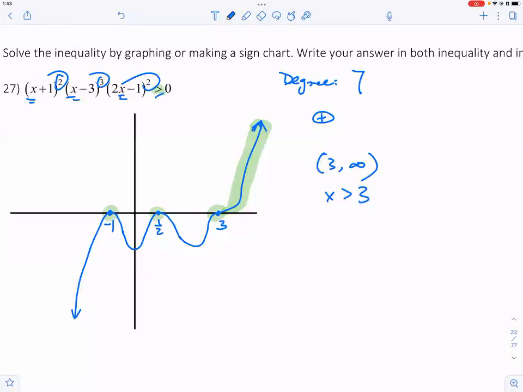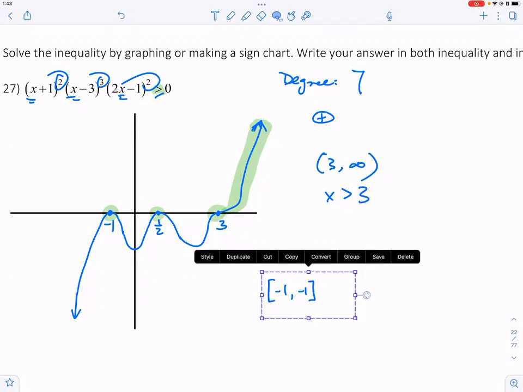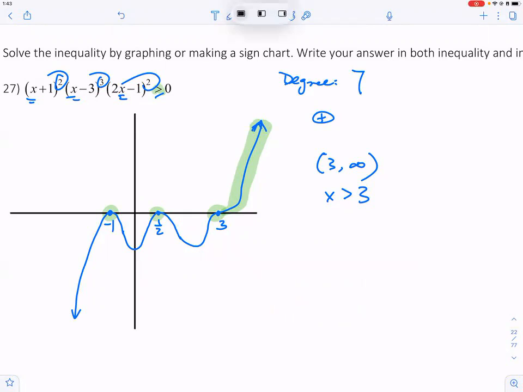If we just include -1, you may just write something like this, from -1 to -1, inclusive. People will understand what you mean. Okay, but again, that's not the solution for this problem. I'm just hypothesizing how you would change your solution accordingly if it is a greater than or equal sign.